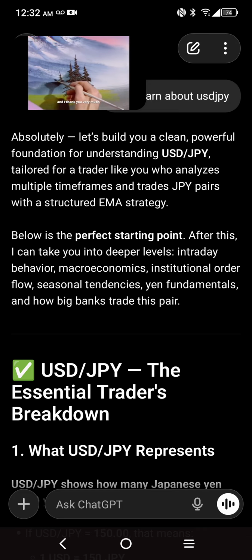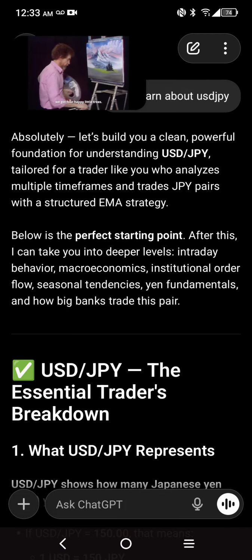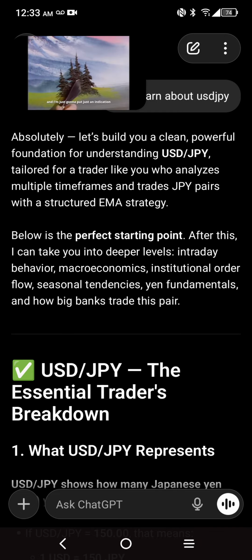So let's go to ChatGPT and let's do some learning. Let's learn about US dollar JPY, for all of those who don't know what US dollar JPY is or what the pair means. Let's do some Cliff Notes type learning.